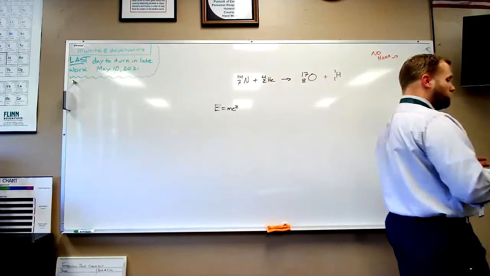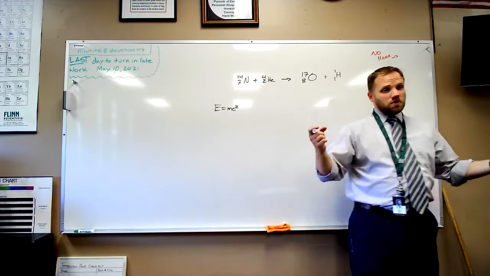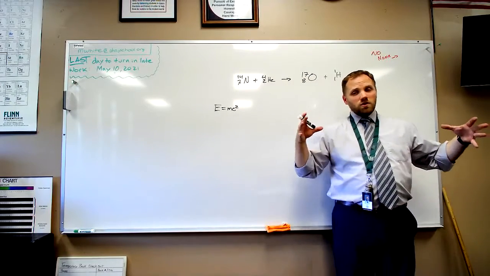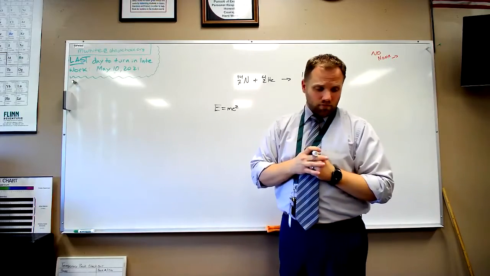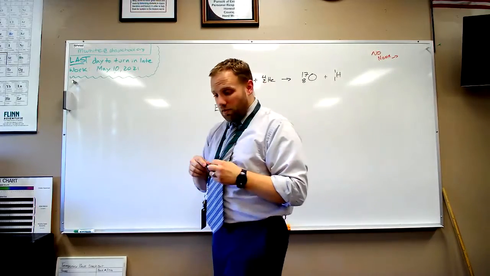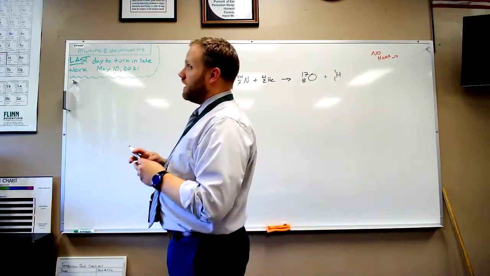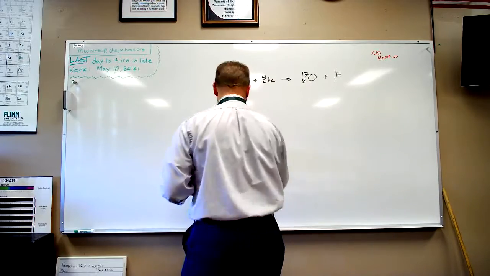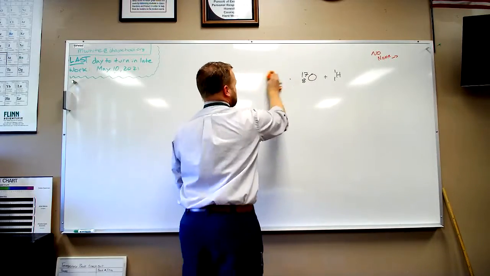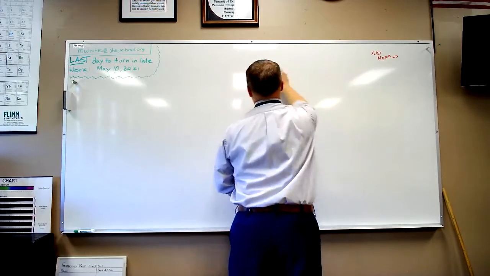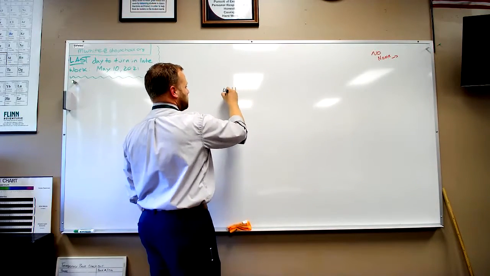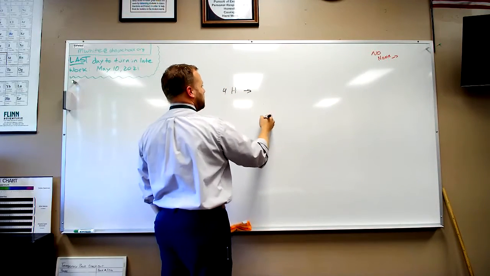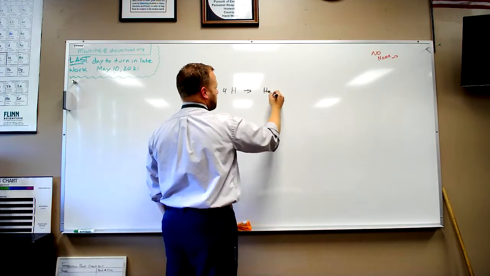So instead of taking a big element and breaking it apart, we're taking small things and combining them together. The most common is where we take 4 hydrogens, we smash them together, and we create helium.